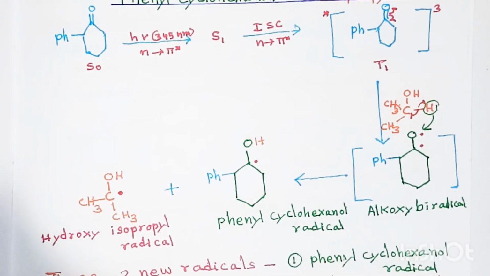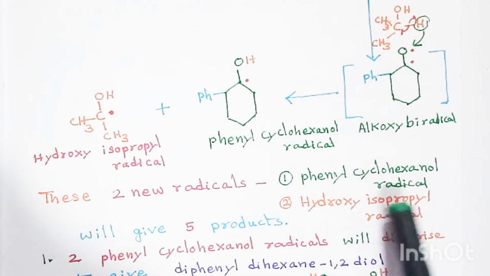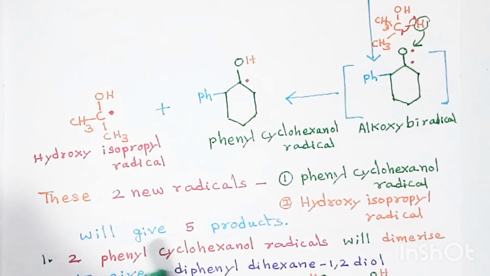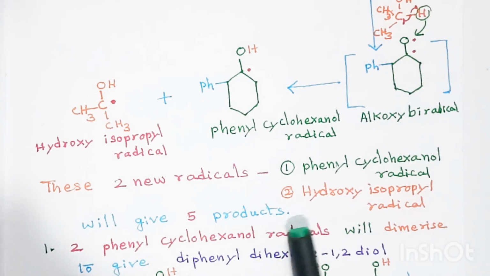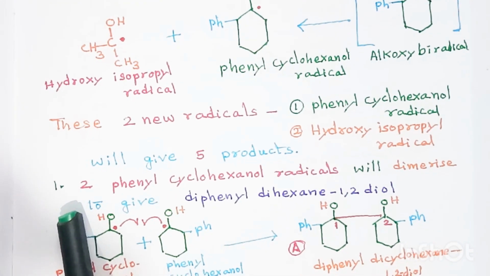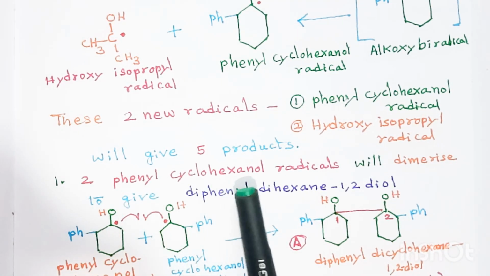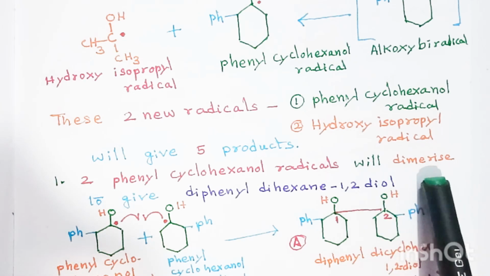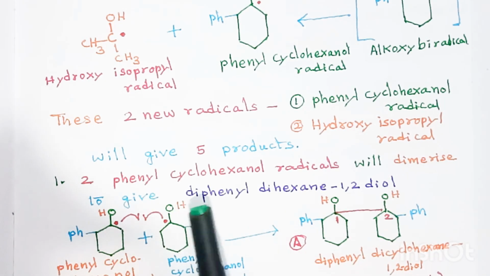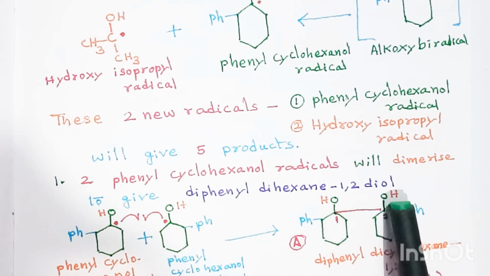These two new radicals, that is phenyl cyclohexanol radical and hydroxy isopropyl radical, will give new products. Let's see the first product. Two phenyl cyclohexanol radicals will dimerize or combine to give diphenyl dicyclohexane 1,2-diol.